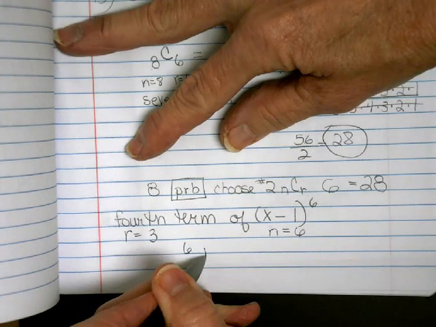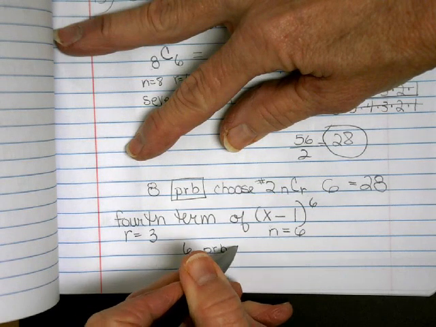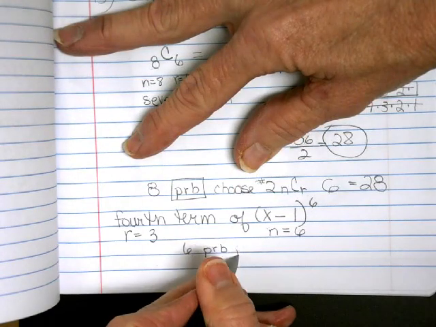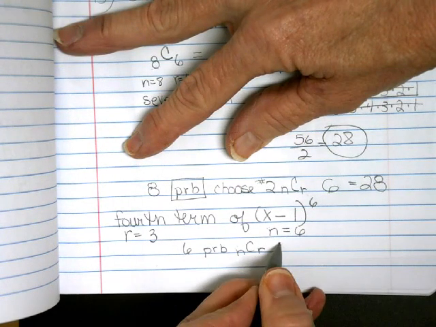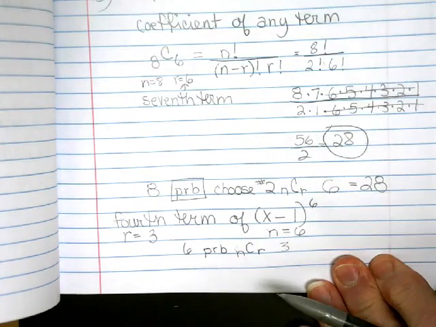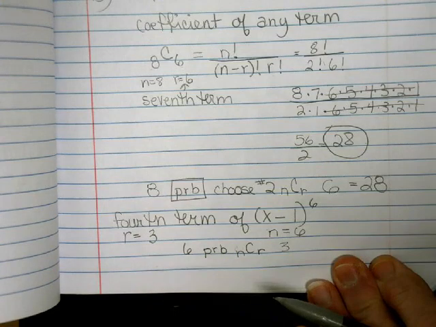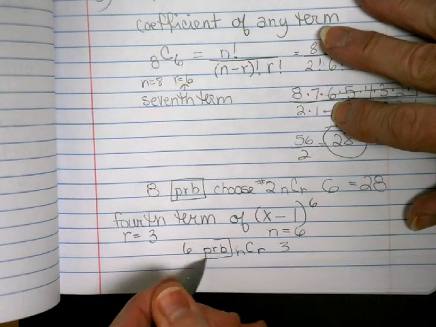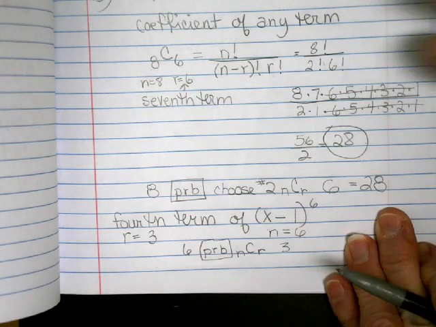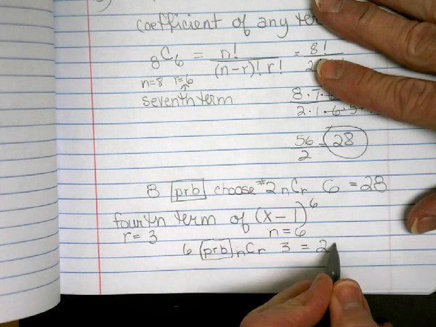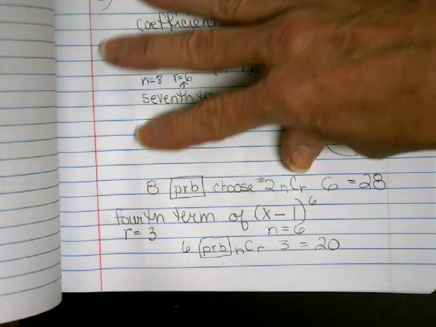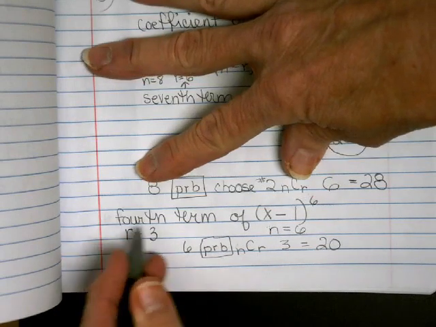So in my calculator, I'm going to push 6, PRB, go to nCr, and then put 3. And I get my coefficient of 20. So this is how you find the coefficient without the Pascal's triangle template.